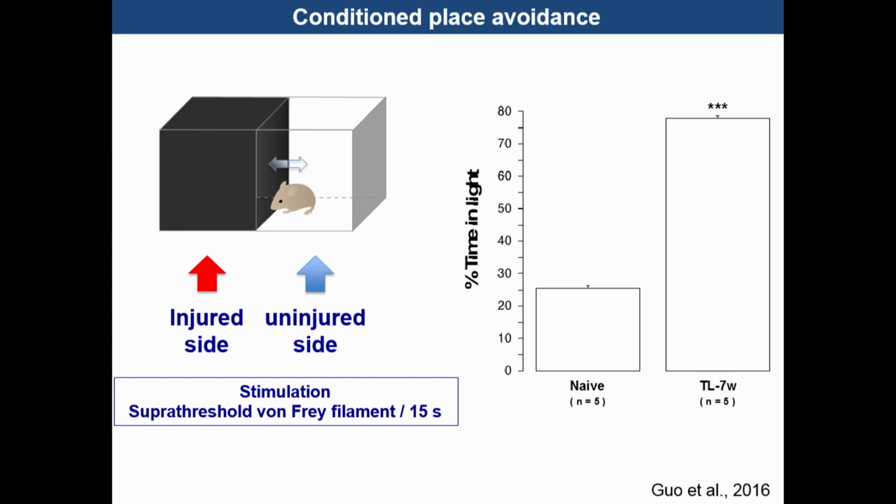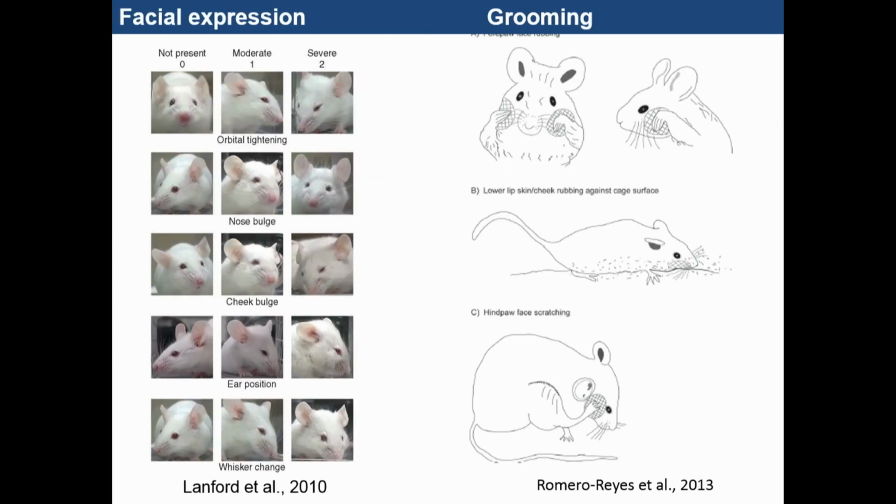This indirectly reflects their pain behavior, because rodents usually like to stay in the dark area. So if you give them a noxious stimulus in the dark area, the dark area will be associated with pain, and they will be forced out of the dark area. So they spend much more time in the light after injury. That's another way we assess pain in rodents.